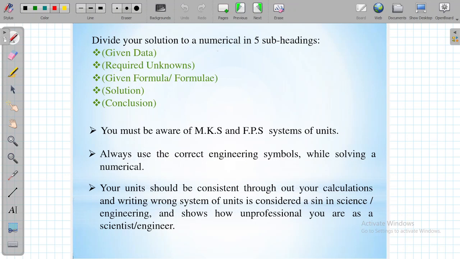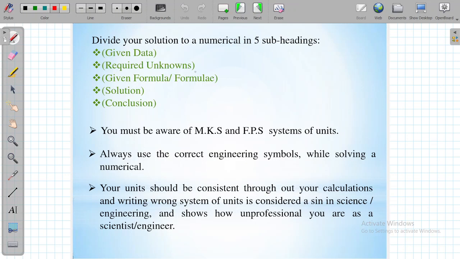Then divide your solution to a numerical into 5 subheadings. They are given data, required unknowns, given formulae, solution, and conclusion. Data you will take out from your numerical and write it down, telling the examiner that this is the data that has been given in the exam. Then after reading the numerical, you tell the examiner that these variables are the unknowns.